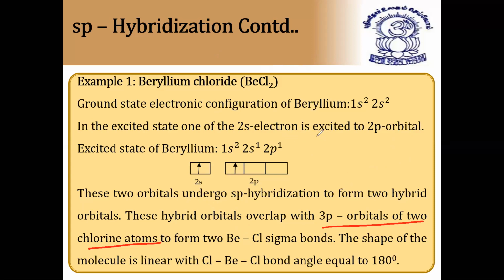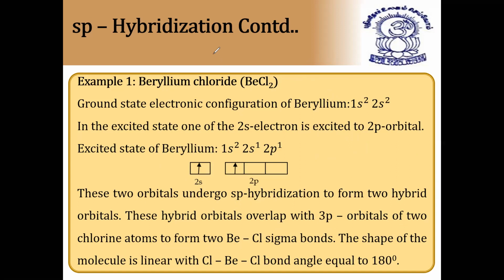Because chlorine has atomic number 17, so its configuration is 1s2 2s2 2p6 3s2 3p5, and the valence configuration is 3p5. So two chlorines combine with beryllium and form BeCl2. The two equivalent orbitals formed by the overlapping of the s and p orbitals of beryllium overlap with the 3p orbitals of two chlorine atoms to form two Be-Cl sigma bonds, and hence the shape is linear and the bond angle is 180 degrees.